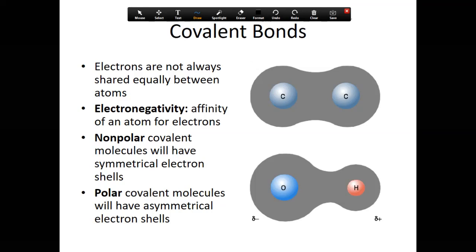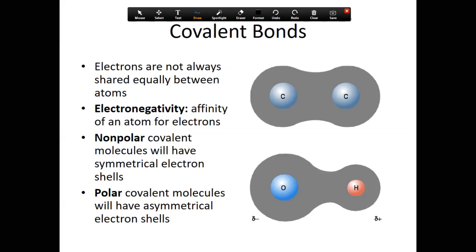So if you look at the pictures here on the right-hand side, one pair of atoms is sharing equally and the other pair is not. And so how can you tell? Well, the gray shadows that you see behind the atoms represent the electron clouds.